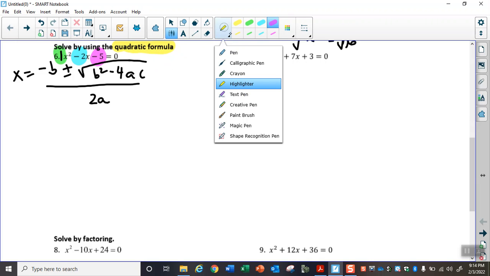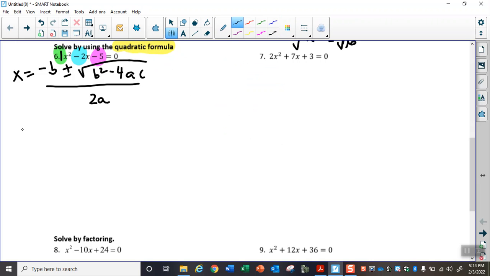All right, so let's do our substitution here. So I've got x equals the opposite of b, well, b was negative 2. First step is better just to substitute in.